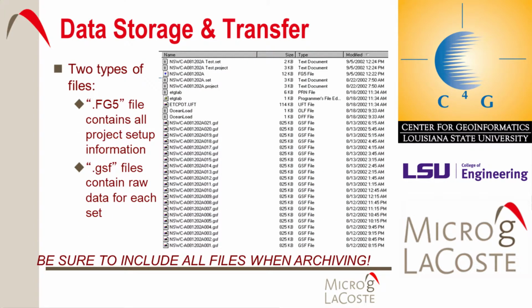If you were going to transfer or archive files, make sure to include all of these files. Definitely the GSF and the .fg5. Where is that guy? Oh, it doesn't have the extension. But it's safest just to copy over whatever's in that folder.